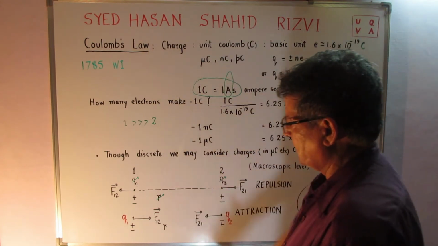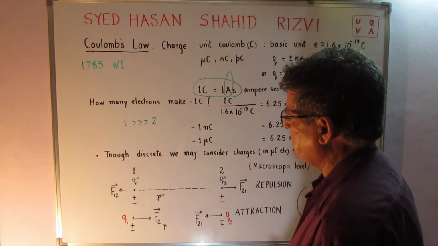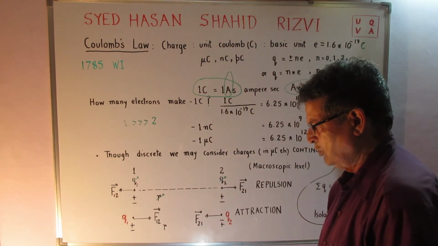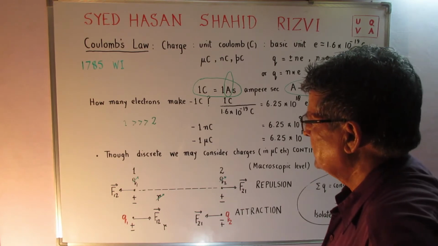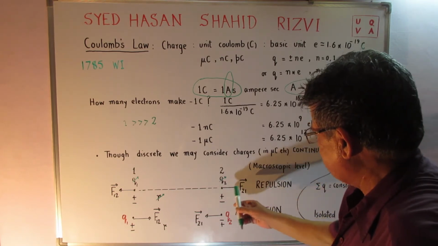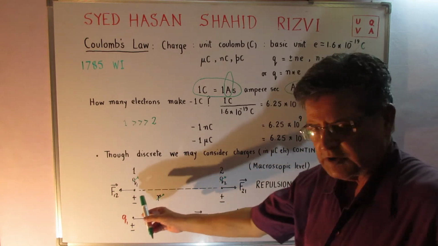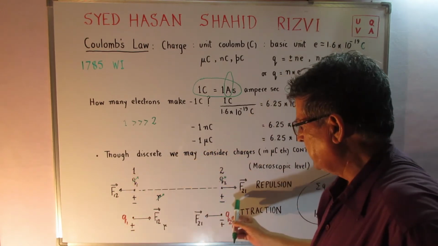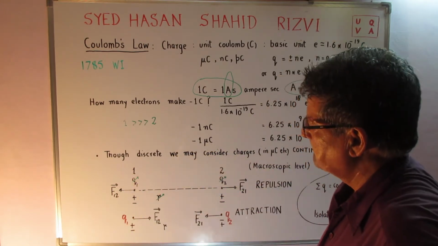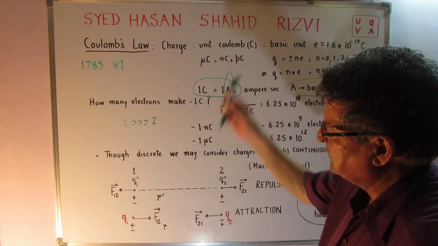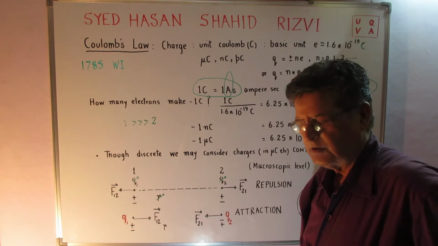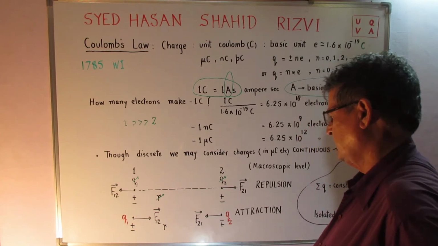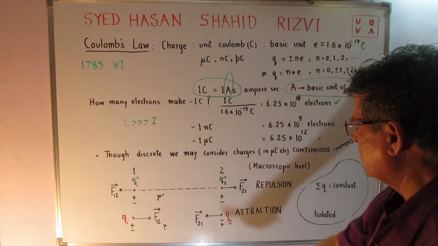Or it may be otherwise, or the two of them may be equal in magnitude. No problem. What happens is that, because they are both positive, and it was also found by 600 BC, that charges of the same kind repel each other, charges of opposite kind attract each other.